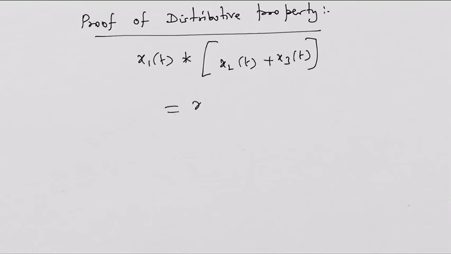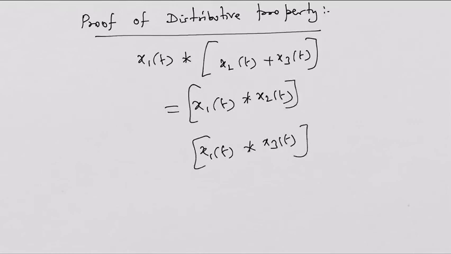Or you can represent x1 of t convolved with x2 of t separately, and similarly x1 of t convolved with x3 of t separately. Those two convolution results can be put together, and you will get the answer. I'll call this the RHS, and this part the LHS. Let me take the LHS alone and reduce it so that it results in the RHS.